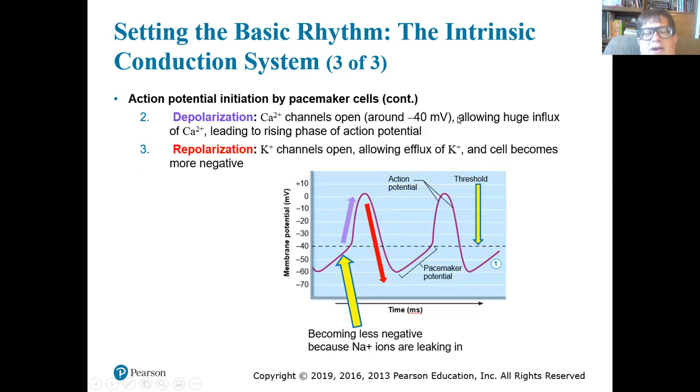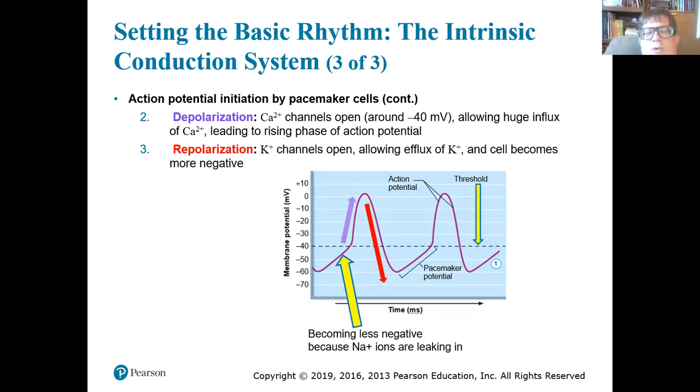The threshold in a cardiac cell is around negative 40. Negative 40 is still negative, but it's a heck of a lot closer to zero than negative 60. So we are moving towards zero, and that's why we say we are depolarizing.